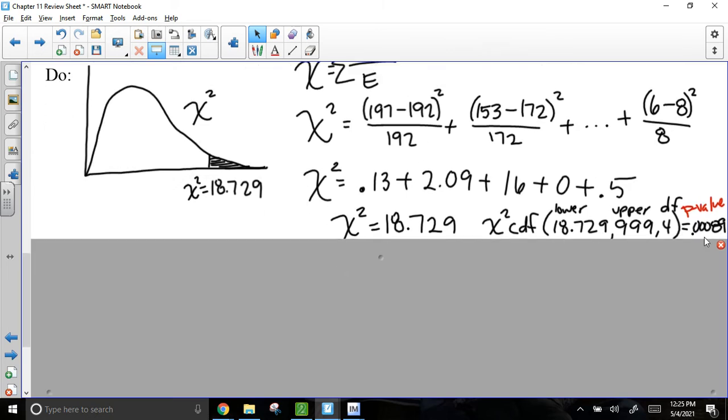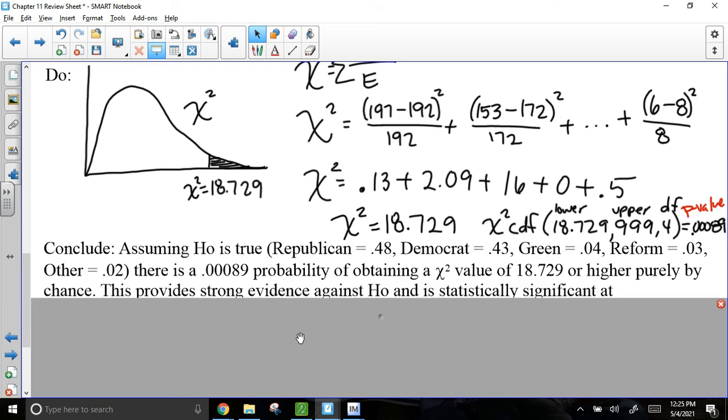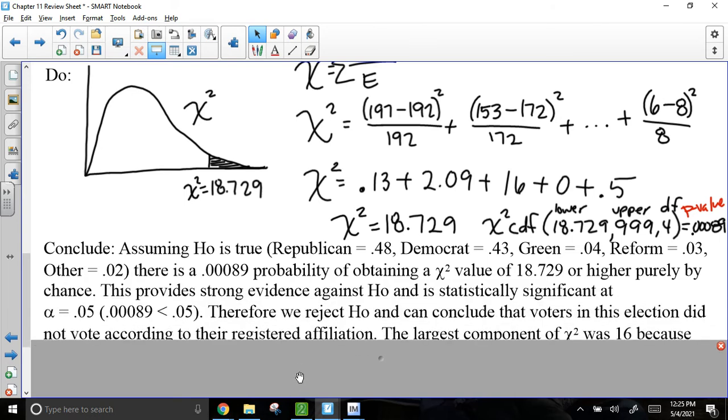So let's go ahead and do our conclusion. Our conclusion says, assuming the null hypothesis is true, I just repeated what those percentages were. There is a 0.00089 probability of obtaining a chi-squared value of 18.729 or higher, purely by chance.